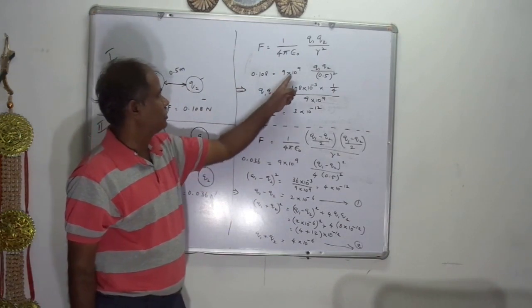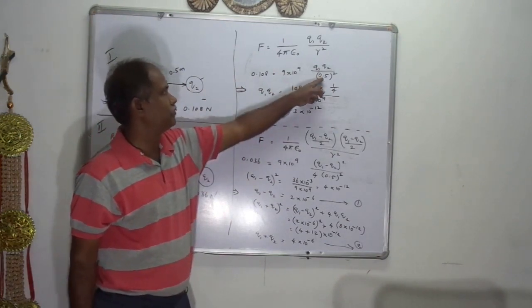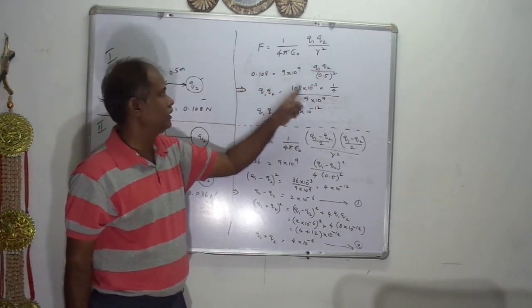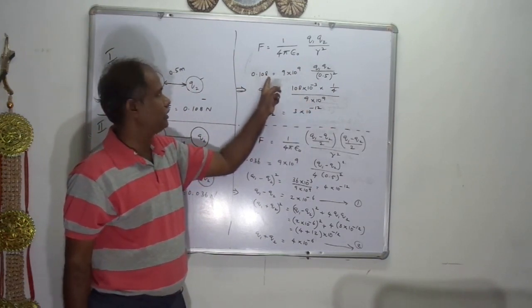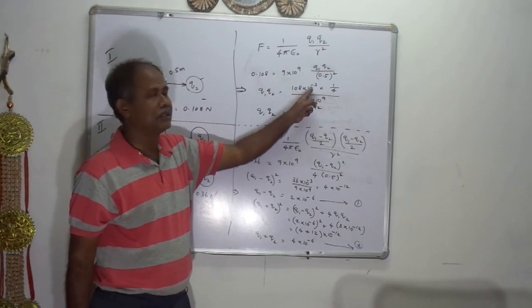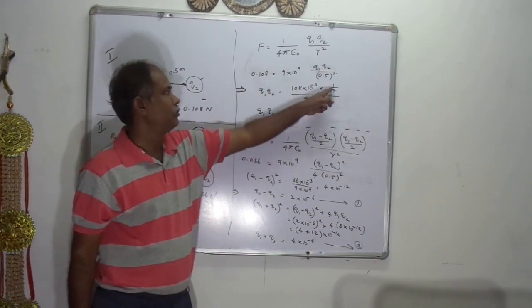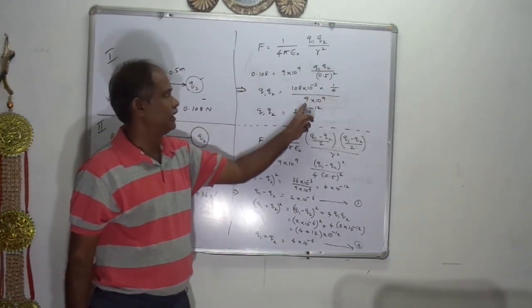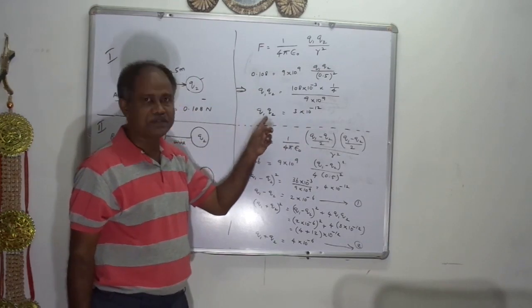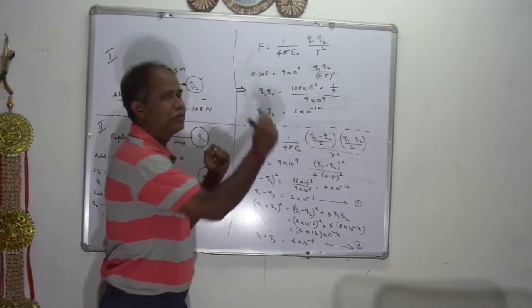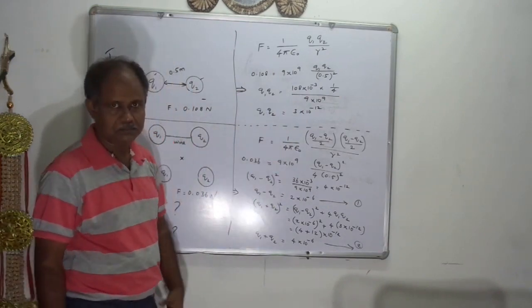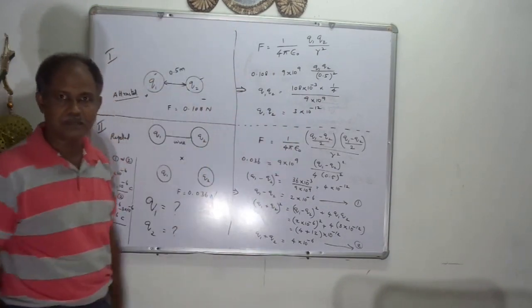Then for Q1 Q2, you bring this 1 by 4 here. 0.108 is nothing but 108 into 10 power minus 3, divided by 9 into 10 power 9. After simplification, you can find the value of Q1 Q2 is equal to 3 into 10 power minus 12. This is the first situation.